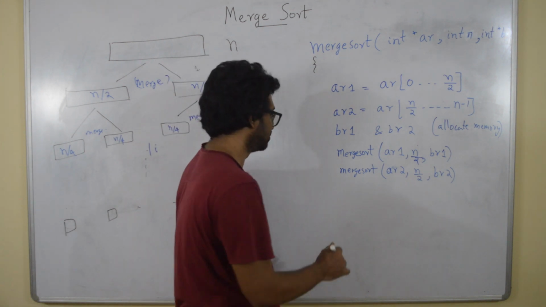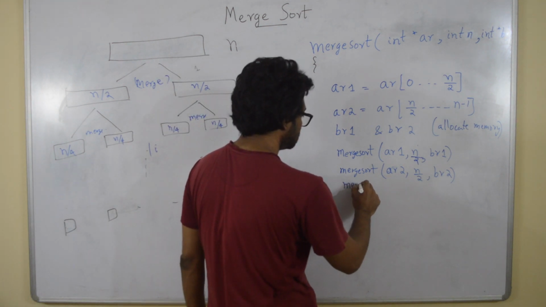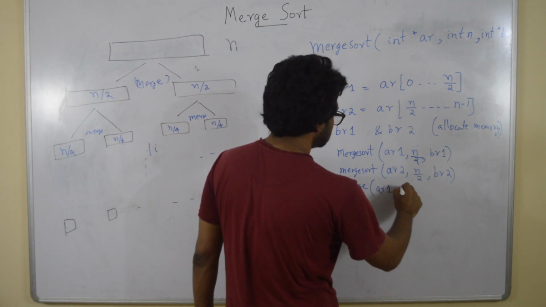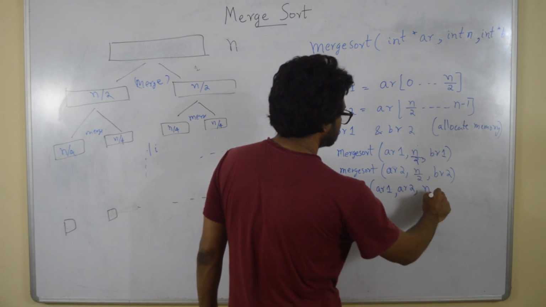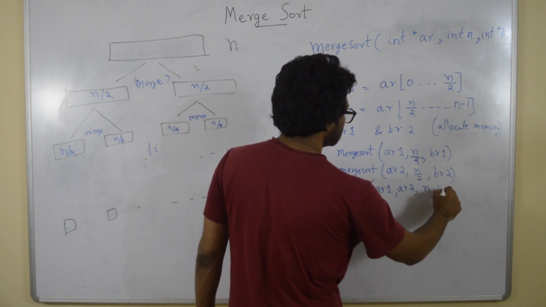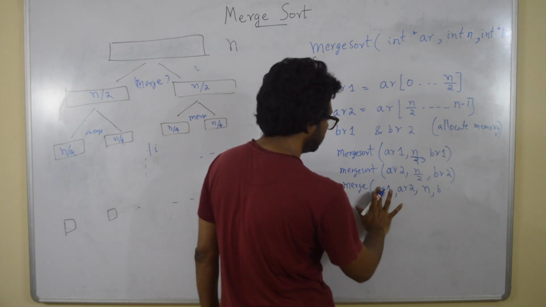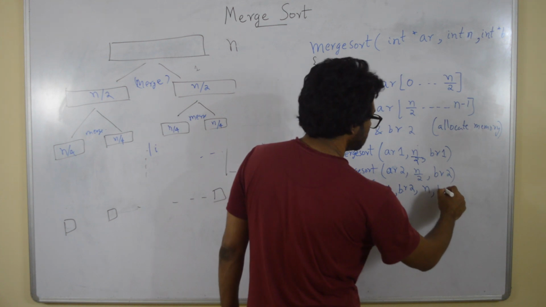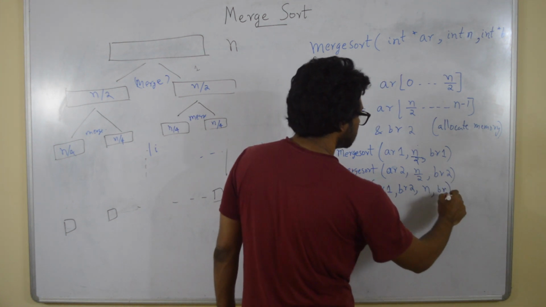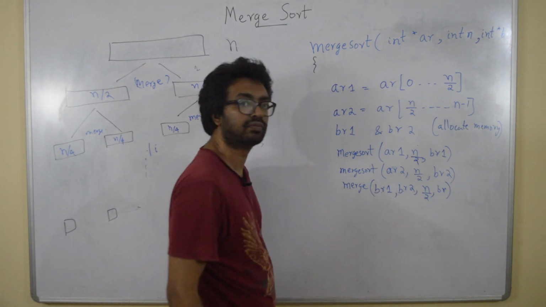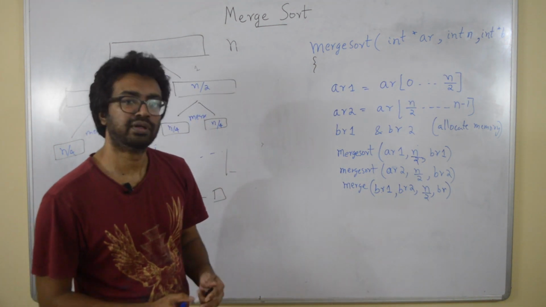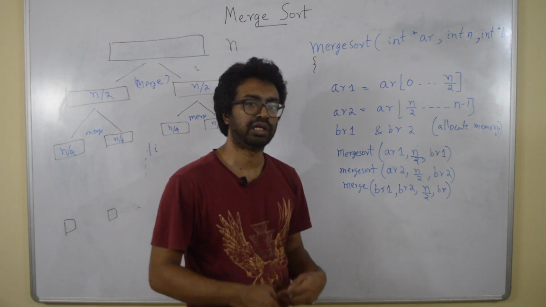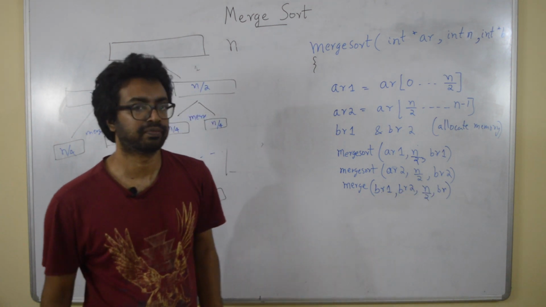Then we are going to merge these two arrays, BR1 and BR2, and copy the merged array into the array BR.